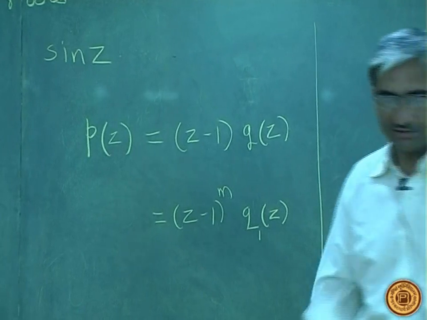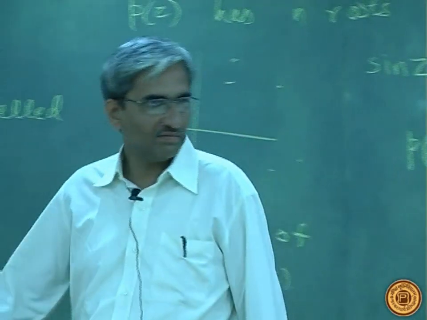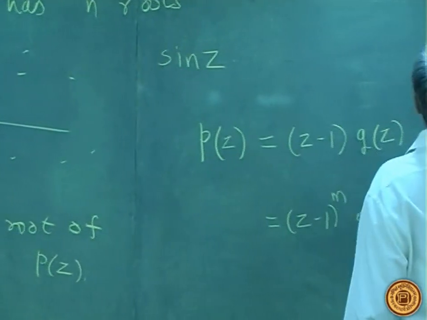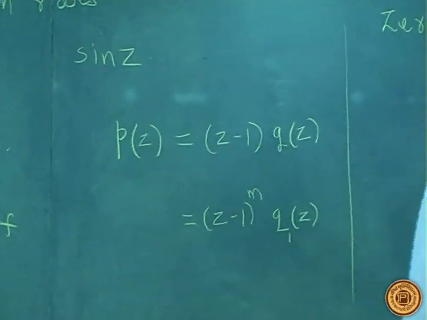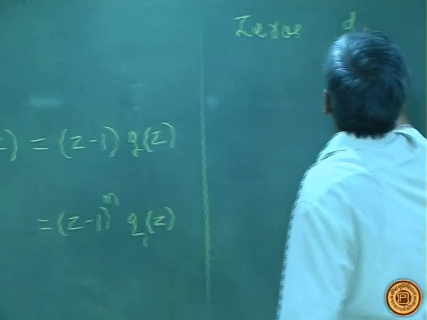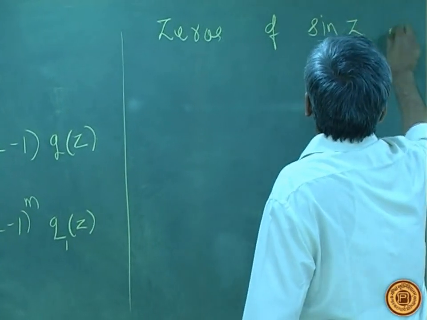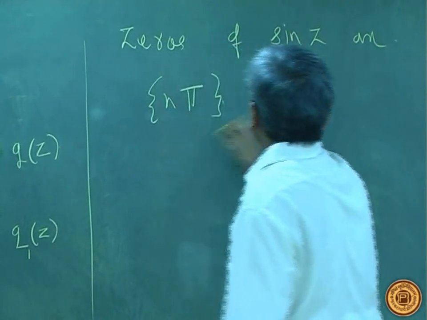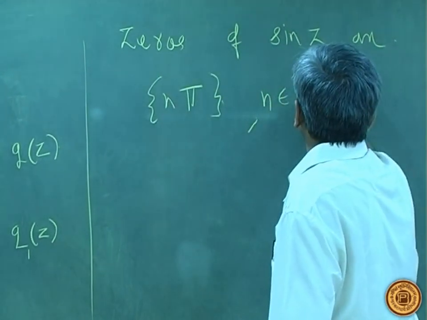Can you tell all the zeros? n pi, that's right, very good. So the zeros, or the zero set we can say, of sin z are the points n pi, where n is an integer.